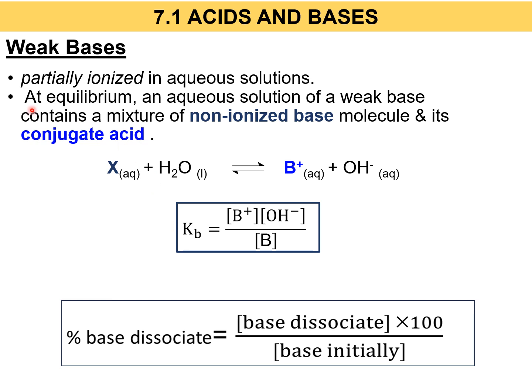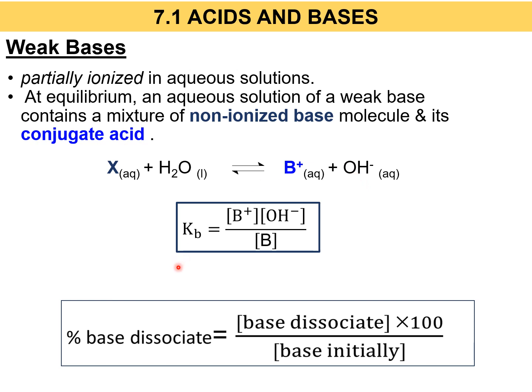Okay, so next is about weak base. A weak base is also partially ionized in aqueous solution. So at equilibrium, an aqueous solution of a weak base contains a mixture of non-ionized base. Okay, this is a non-ionized base because basically it hasn't done anything yet. So it hasn't ionized yet, but once it has dissociated partially, it will produce an ionic conjugate acid. Okay, and since this is a weak base, when it dissociates partially, it needs the help of water to dissociate and it will produce OH minus as the product.